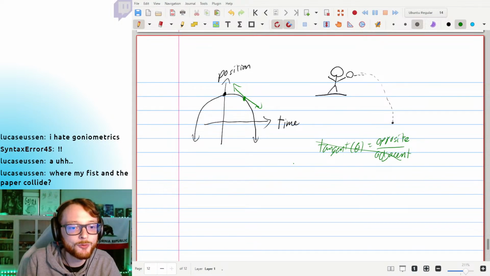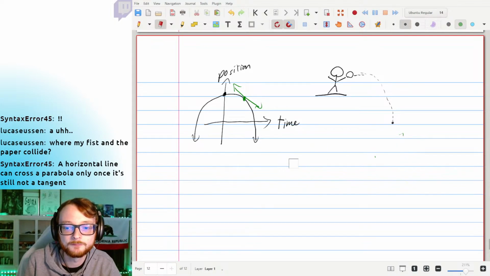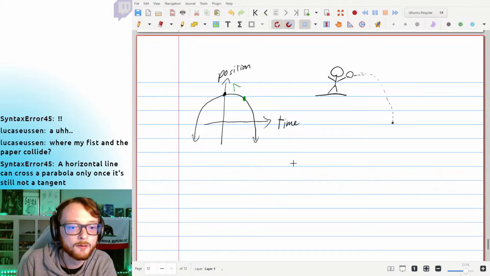So when you first throw the ball, the line is very flat, so the ball is moving very, very fast. But the more time it spends falling, the faster it goes because gravity is speeding it up, right?